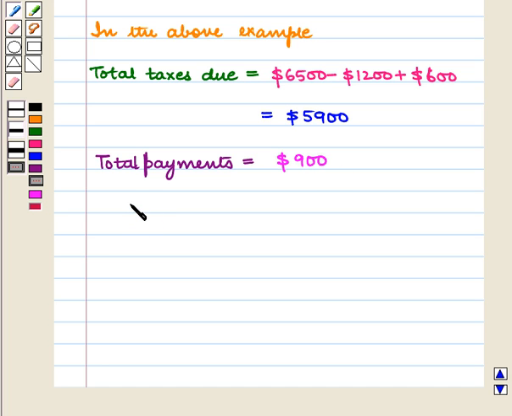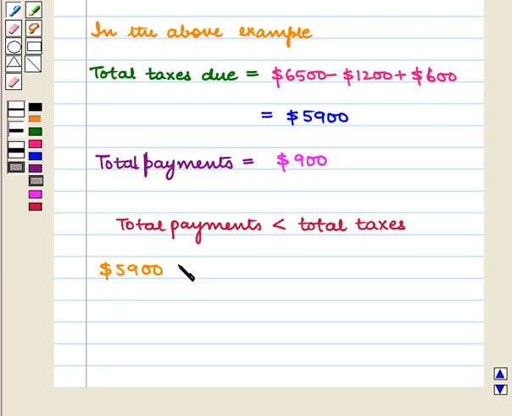So clearly total payments is less than total taxes. So the difference $5,900 minus $900, which is equal to $5,000, is the tax owed by Miley.